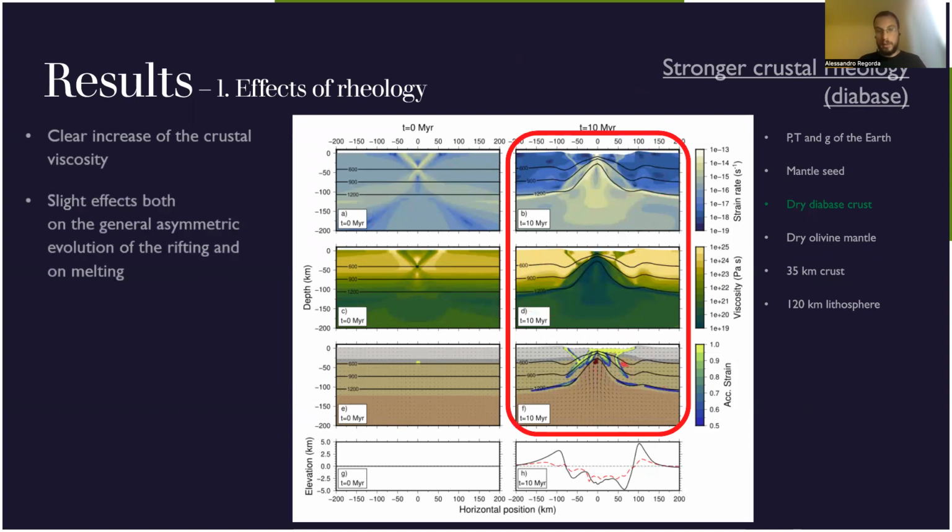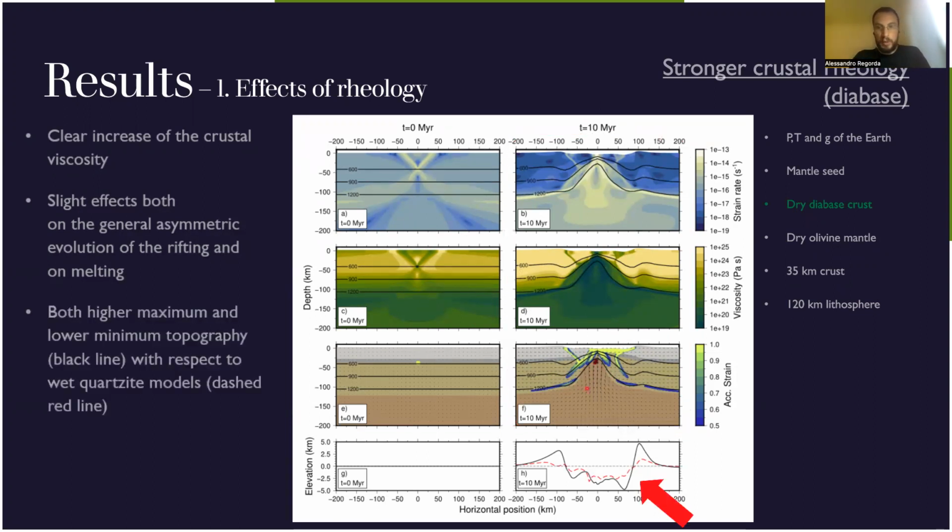It's asymmetric, but the trend of the faults around which the strain accumulates is very similar to a typical model of Earth. However, the evolution is a little bit slower. This is because of the stronger rheology, and in fact, the mantle upwelling is a little bit less evident. There is no crustal breakup after 10 million years, and the mantle melting is less extended.